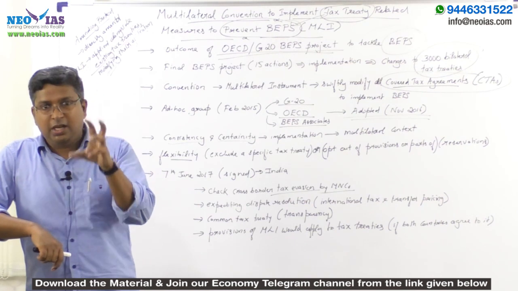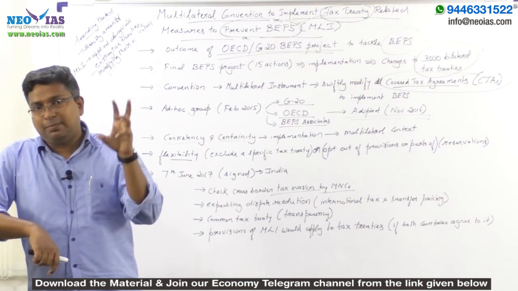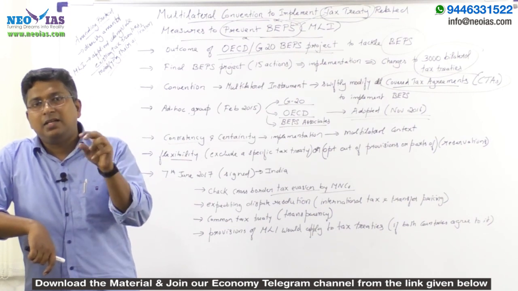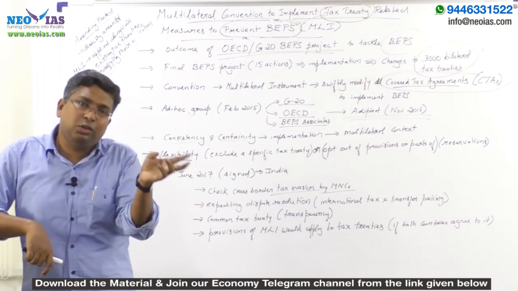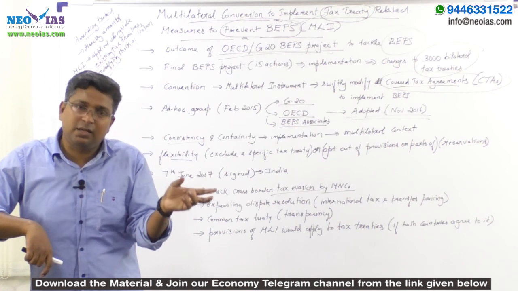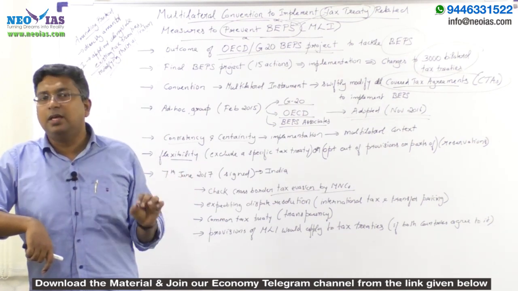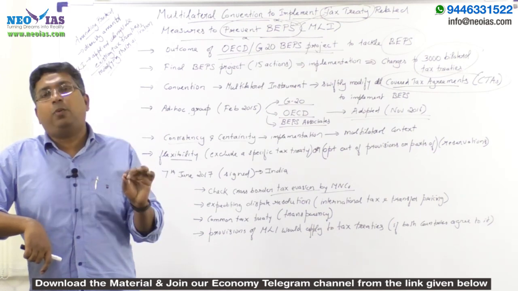So this is a very, very important point. The provisions of this convention will apply to a specific tax treaty only if both countries of that particular tax treaty agree to this convention. So this is a very important point for you.